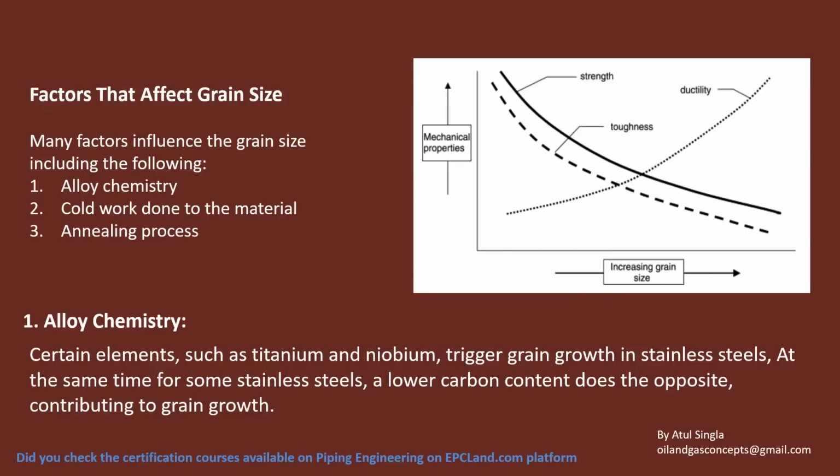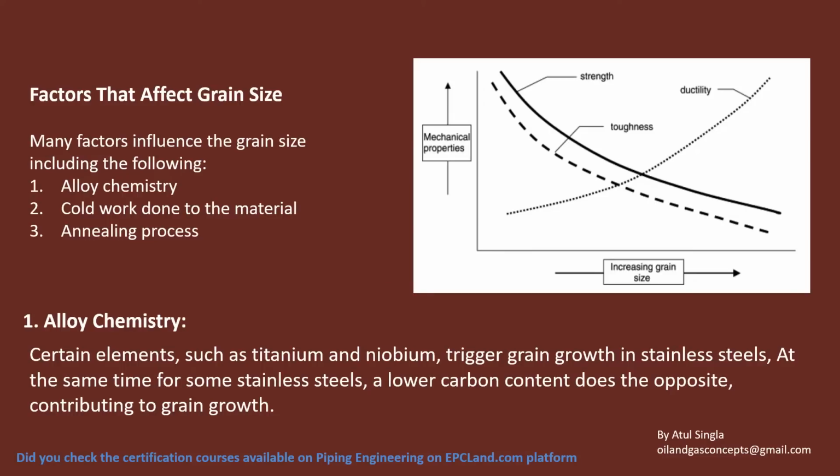This is just a property of these elements: if they are there, they will trigger grain growth in stainless steel. At the same time, for some stainless steels, lower carbon content does the opposite, right? These two elements are triggering grain growth, while carbon is reducing that grain growth.